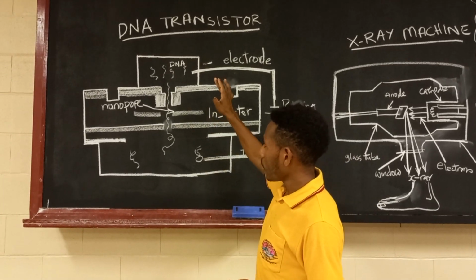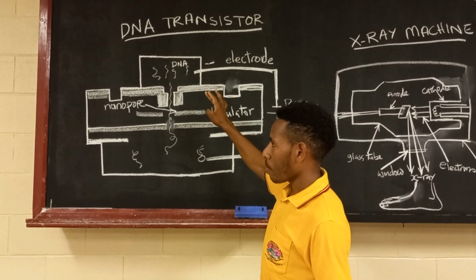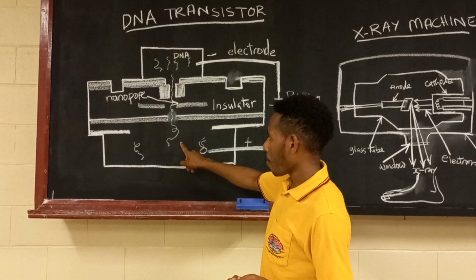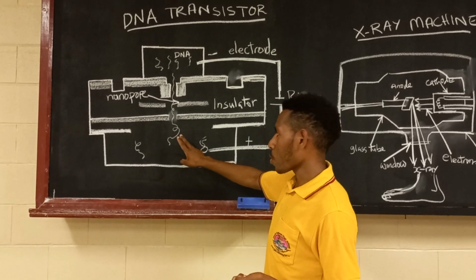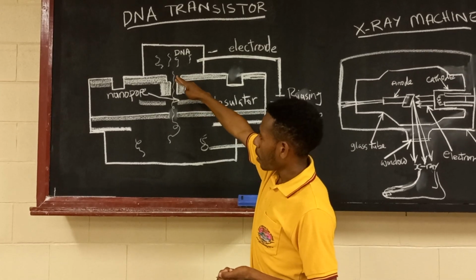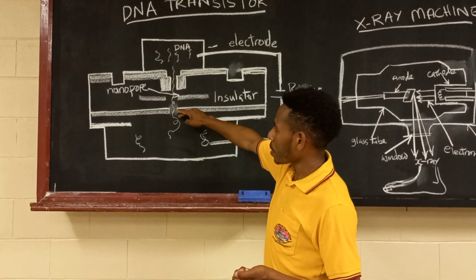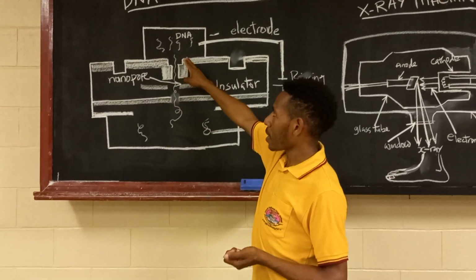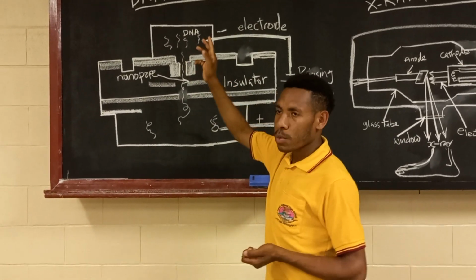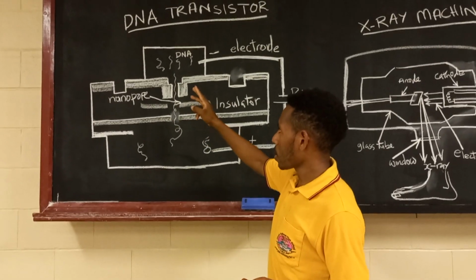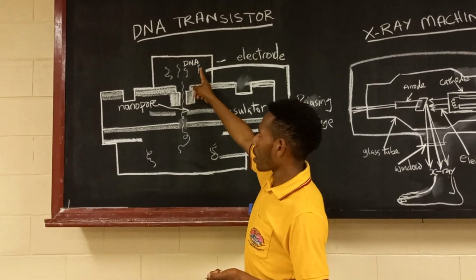and since the electron is movable, the positive protons here attract these electrons to flow through the pore here, which is called the nanopore. As it attracts the electrons, the electrons flow together with the DNA sample.